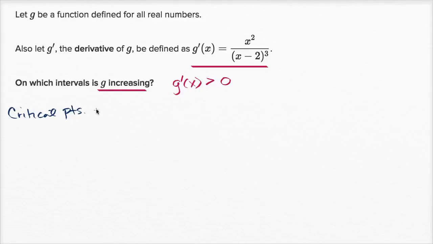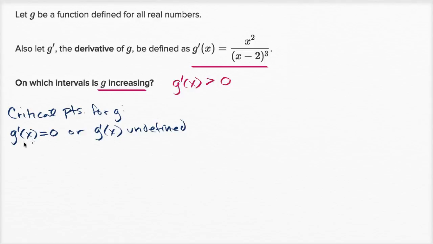Just to remind ourselves, critical points are when g prime of x is equal to 0 or g prime of x is undefined. And we have videos on critical points. Why those are relevant is those are the possible places where the sign of g prime could change.